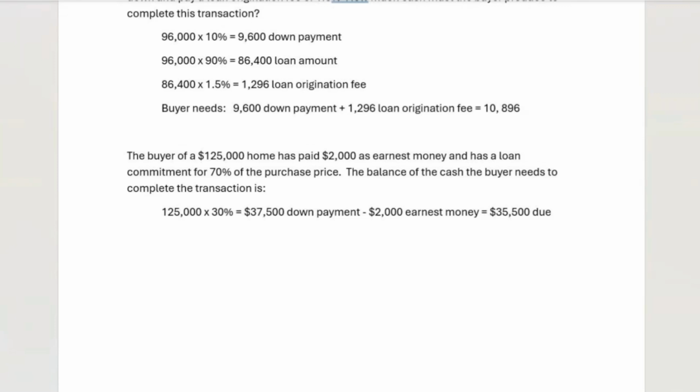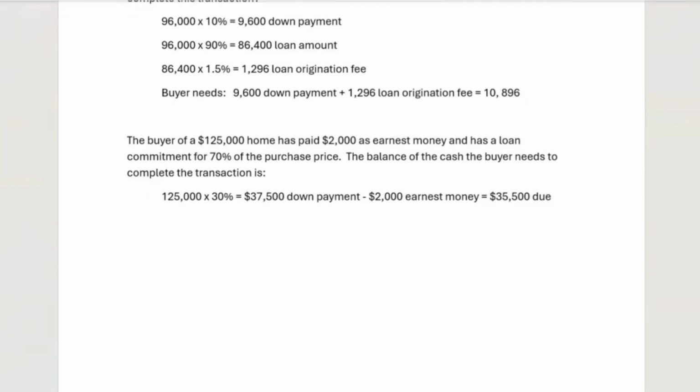So 30% of the sales price is a down payment of $37,500. But he has already put $2,000 down as earnest money. That earnest money will be credited back to him at the closing, which means that this buyer will need another $35,500 to complete the transaction.